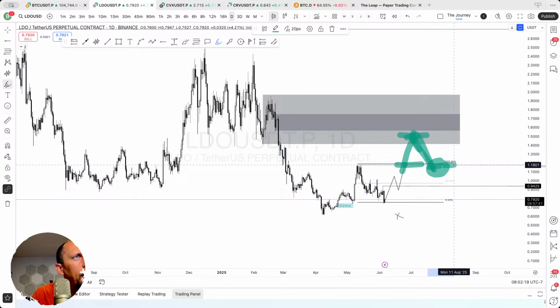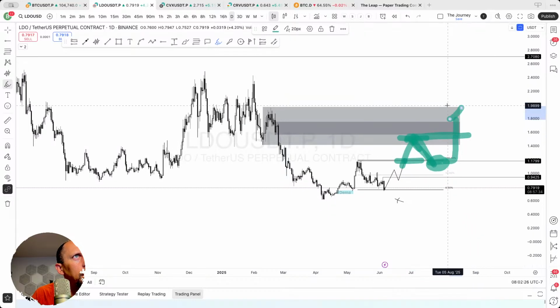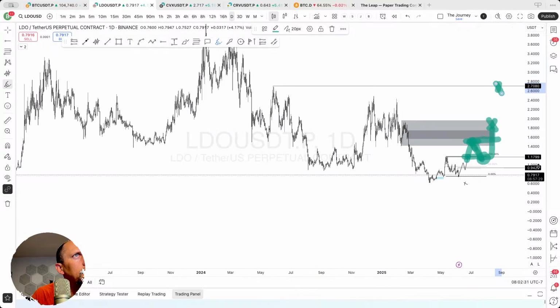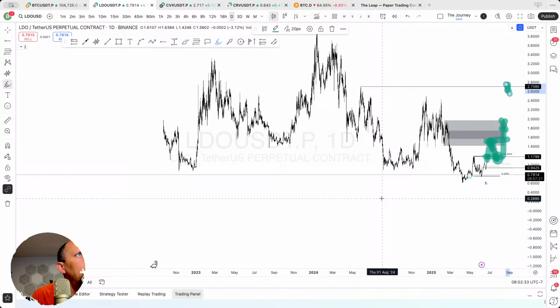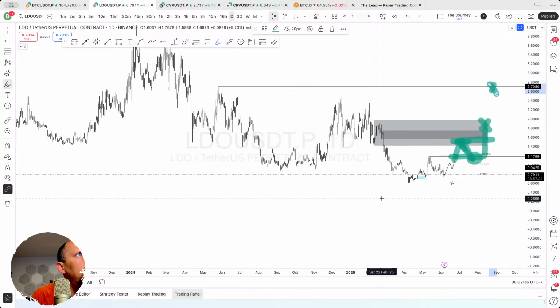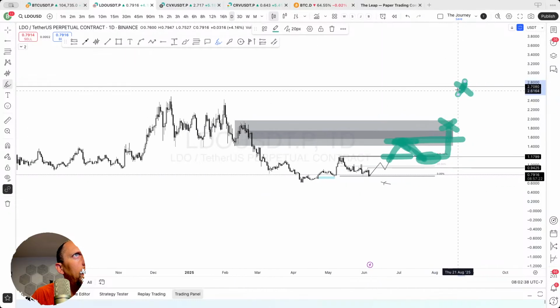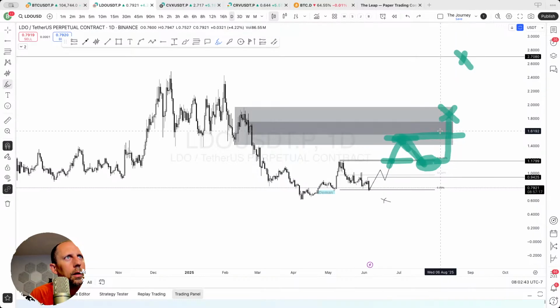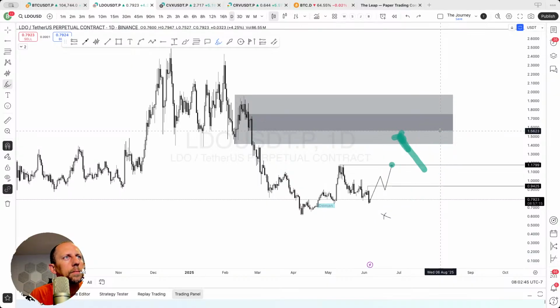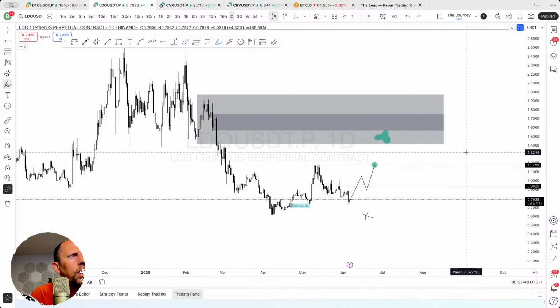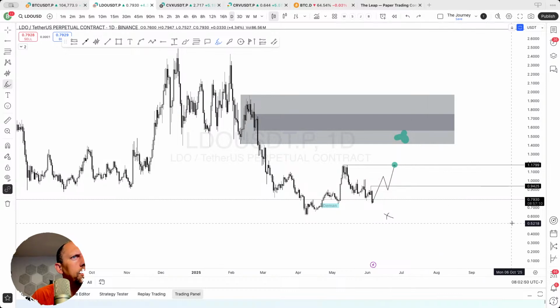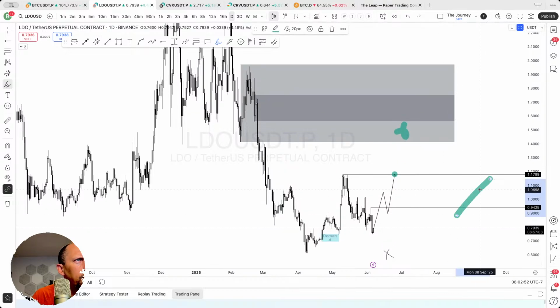I would look to add that back in here. I would then be taking profits again here, and if we blow through this zone, take more profits up there. And if all that happened and price was at 2.70, you'd be looking like a genius if you ask me. Yeah, that's how I would look at that on spot.